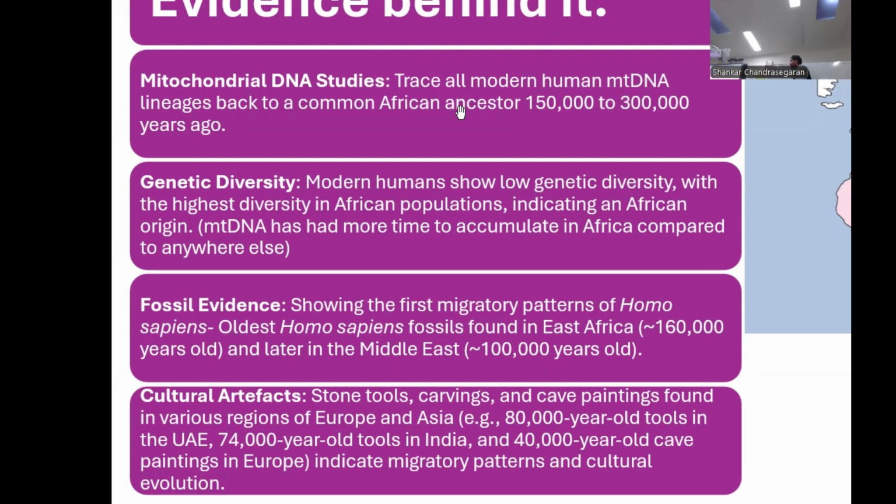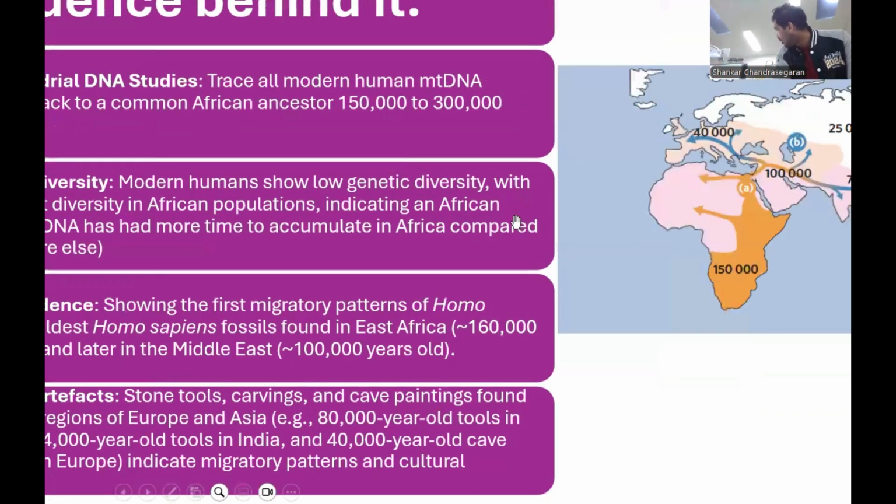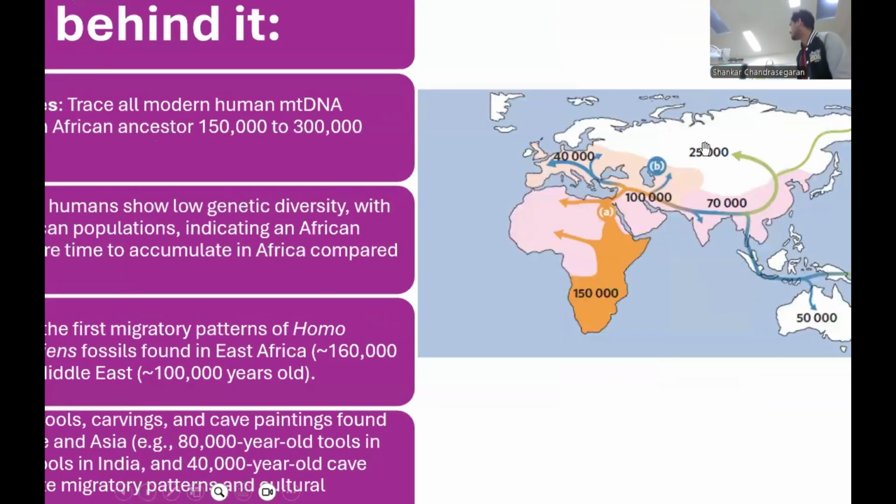This is basically showing much clearer evidence of the migratory patterns of Homo sapiens, where one of the oldest Homo sapien fossils we found was actually on the coast of East Africa, and it was later found that more fossils were found in the Middle East.